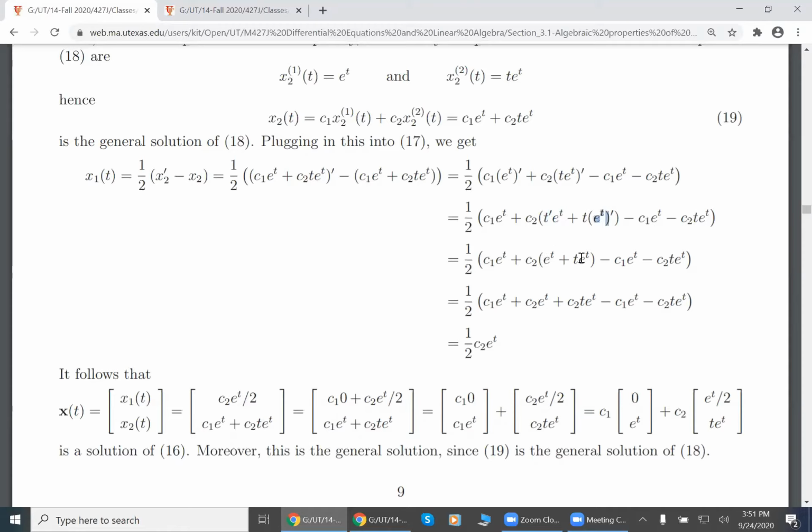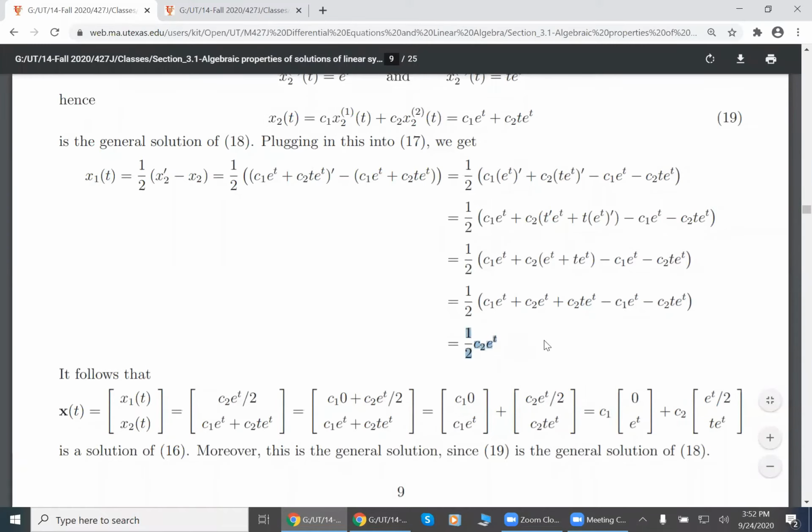Derivative of e to t is e to t. Here's what we do next. We expand parentheses over here. Done. And now it turns out that these two terms get cancelled. Same as here. These two terms get cancelled. What is left is just this term. So x1 is equal to this.